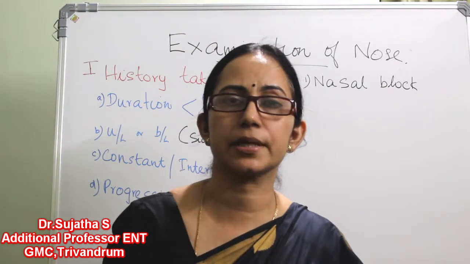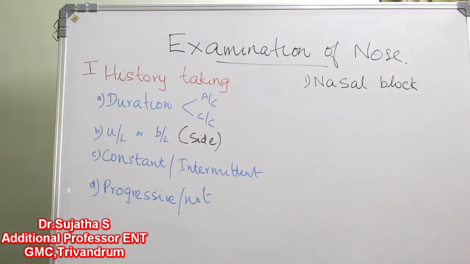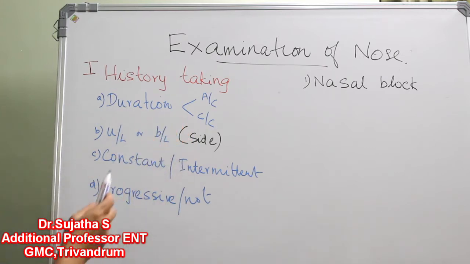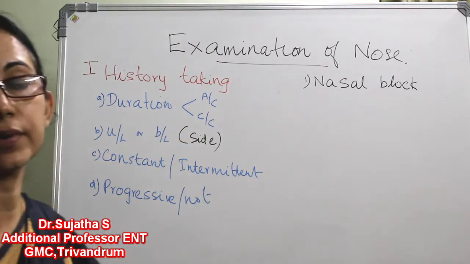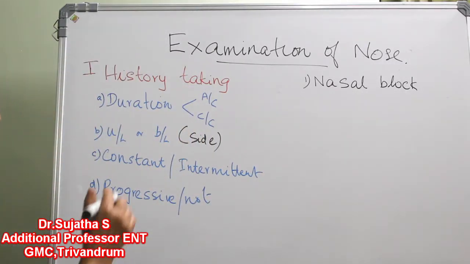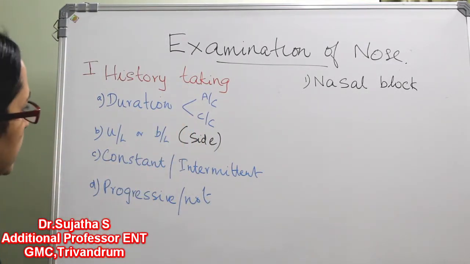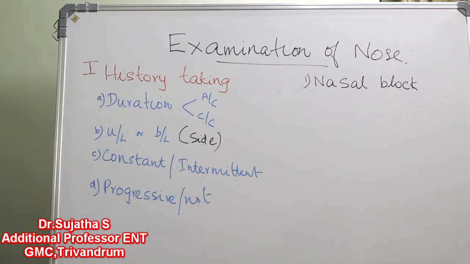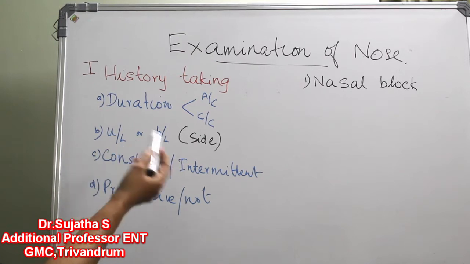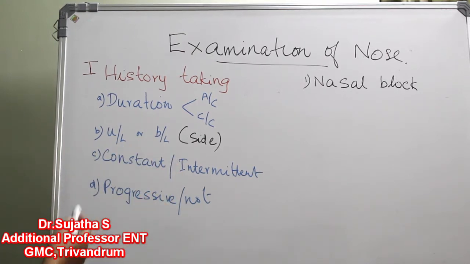So if the patient is coming with a nasal block, you have to ask for the duration, whether it is acute or chronic. For acute and chronic we have given the criteria of 3 weeks. So below 3 weeks it is acute, and above 3 weeks it is chronic. Then you have to tell the side of nasal block, whether it is right side or left side, unilateral or bilateral.